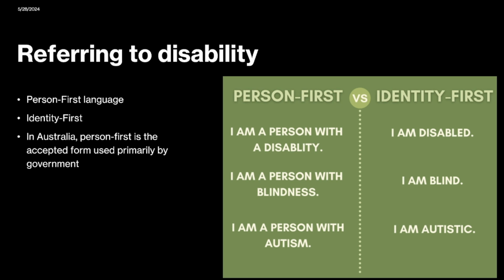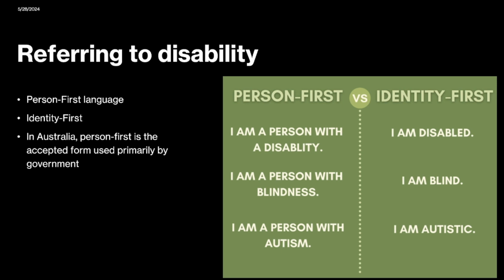First, we have person-first language, which is intended to emphasize personhood over any impairment. The person is placed before the disability, for example, person with disability or people with disability. The second way to refer is through identity-first emphasis.